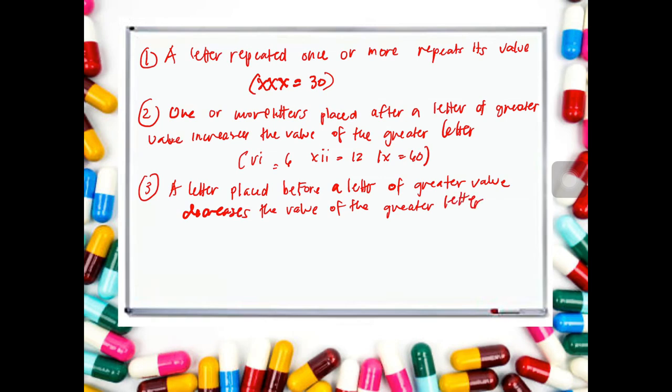So unlike the first one, if the letter I is first before the letter V, this becomes 4. Or XL, this becomes 40. And fourth or last rule in Roman numerals, use the simplest choice among the possible forms.